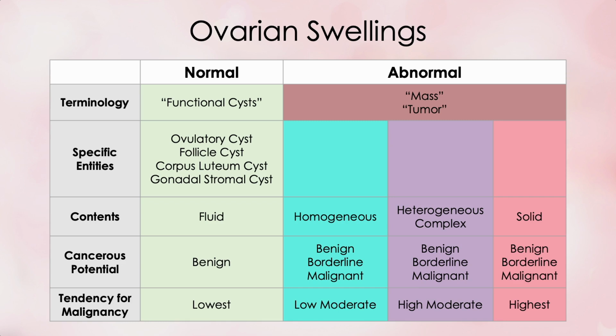In the fifth row, you see the cancerous potential of each, with normal swellings being benign and anything goes for all the others. In the sixth row, you see the tendency for malignancy of each, with the tendency for malignancy increasing the more solid the swelling.